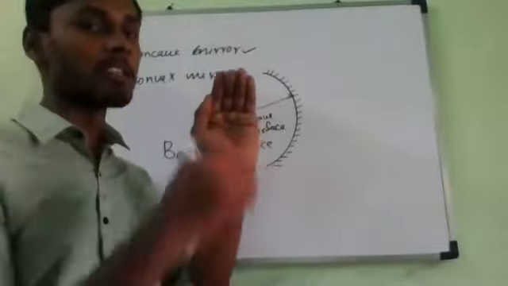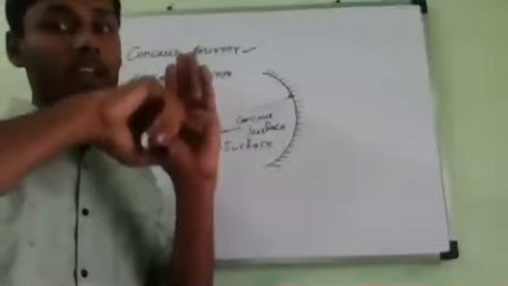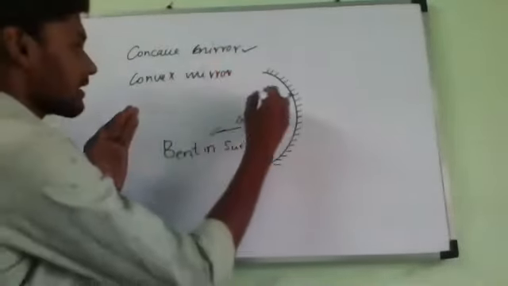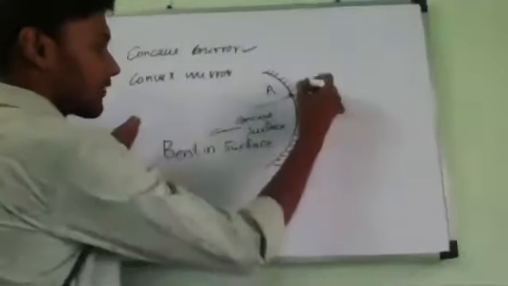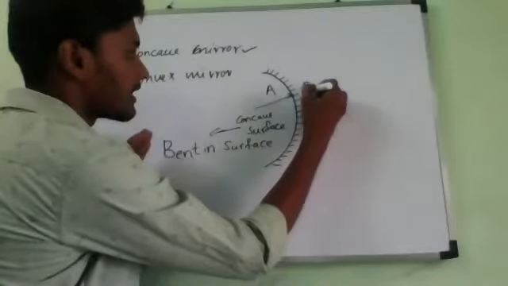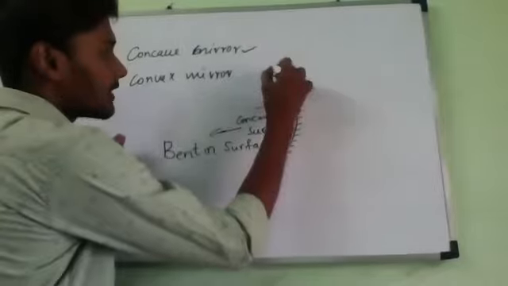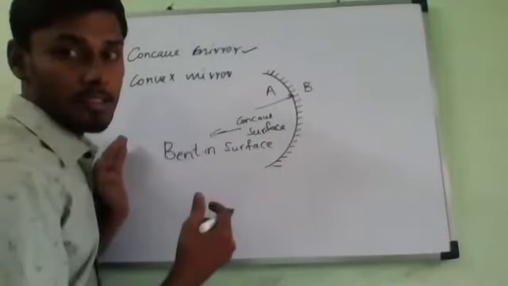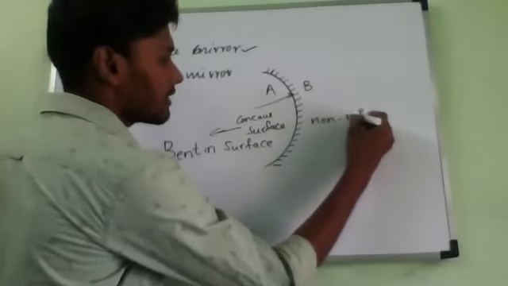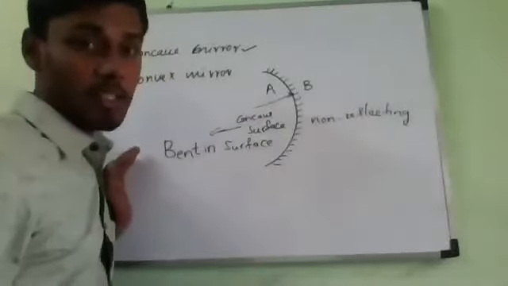You may observe that bent-in surface. In this concave mirror, the reflecting surface has been marked as A, and the opposite surface is called B. This B surface, marked with oblique lines, indicates the non-reflecting surface. Always remember this as the non-reflecting surface.